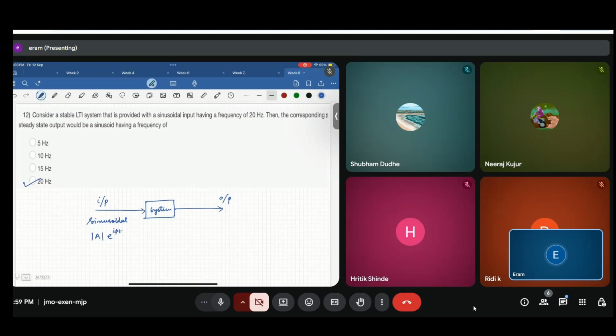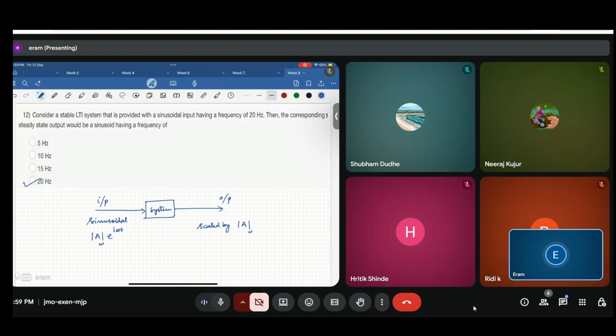Your output is scaled by this magnitude, which is at this frequency. You can write omega or phi, that is the same. So let's call it frequency omega.